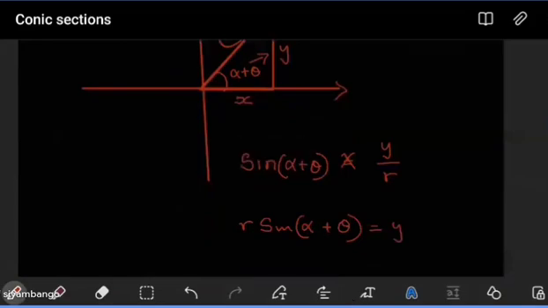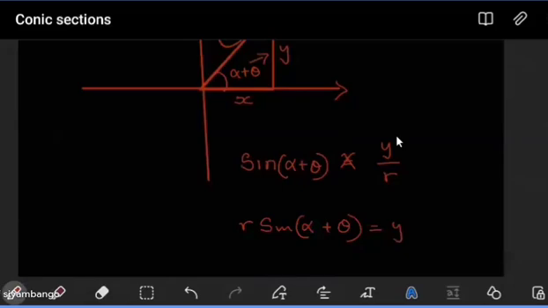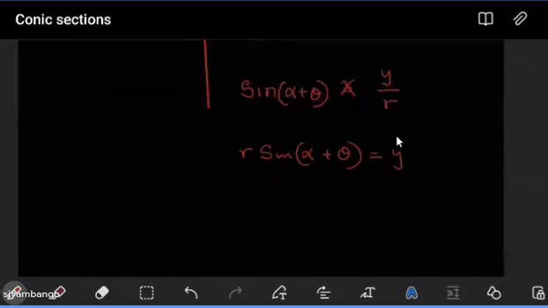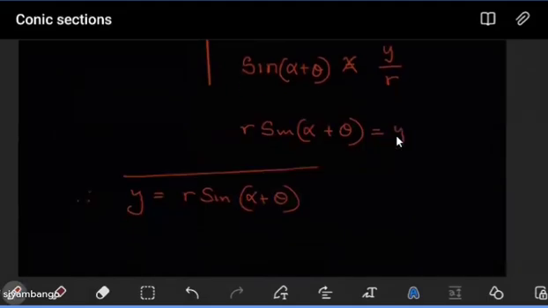So this is where we are now. Any questions so far? So y is equal to R sine alpha plus theta. I'll hold on to this.